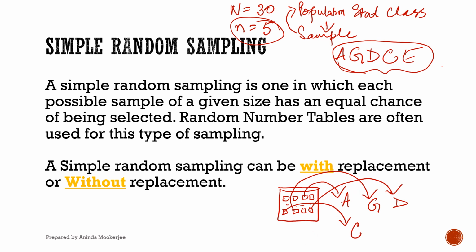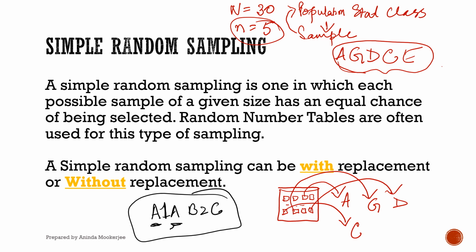All right, so we can have, for instance, a license plate number which is maybe A1A and then B2C. All right, so here you see we have repeated the letter A, and this is perfectly okay for license plate numbers as long as it's a unique combination. So those are cases where we use the replacement methodology. But in most cases, when we work with people or items, we deal with without replacement sampling techniques, right?